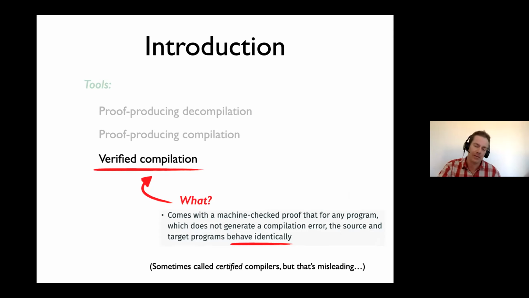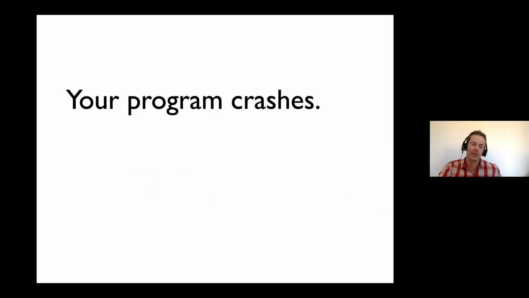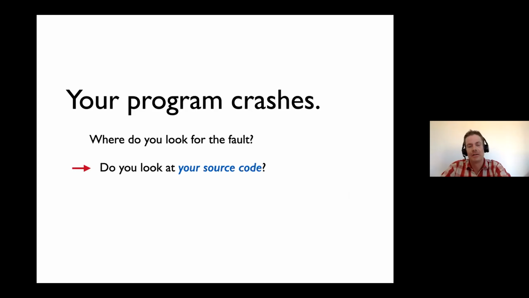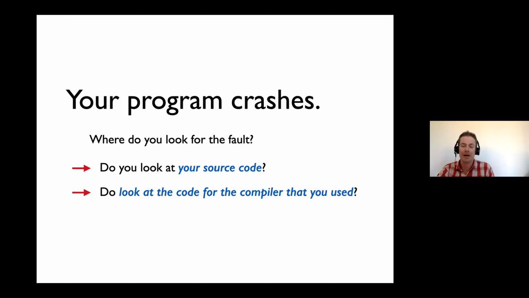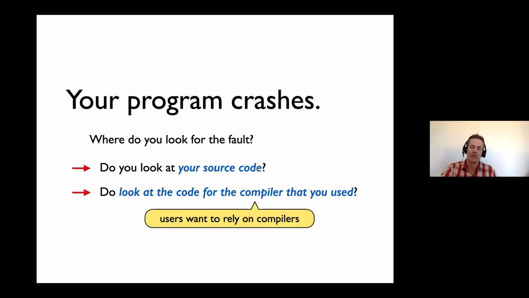So then, more on this topic of verified compilers. What's the motivation for them? Well, imagine your program crashes. Where do you look for the fault? Do you look at your source code that you gave your compiler, or do you look at the code for the compiler that you used? Users of compilers really like to rely on their compilers to transparently transfer behavior of the source down to the target.